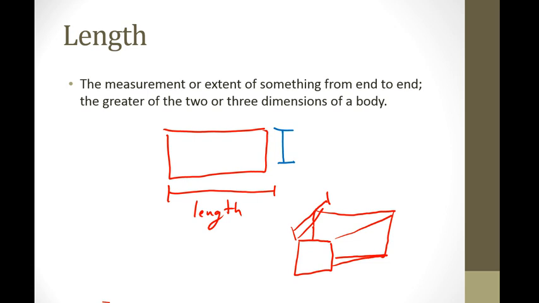This dimension right here, the depth, is what we would call the length of the cube. So if you're measuring things, no matter how many dimensions you're measuring, which is probably going to be 2 or 3 unless you somehow figure out how to measure in the 4th dimension, the longer of your 2 or 3 dimensions is going to be what we refer to as length.